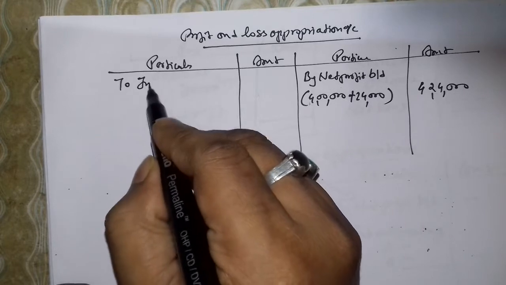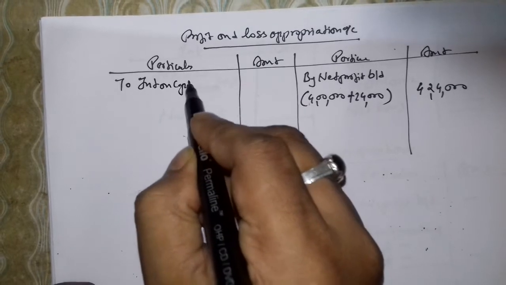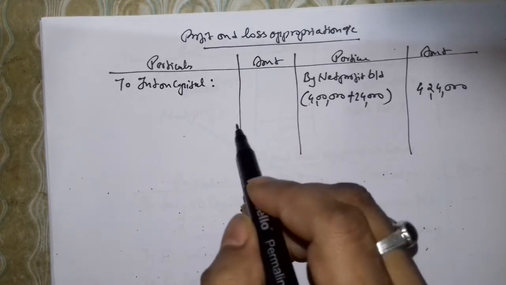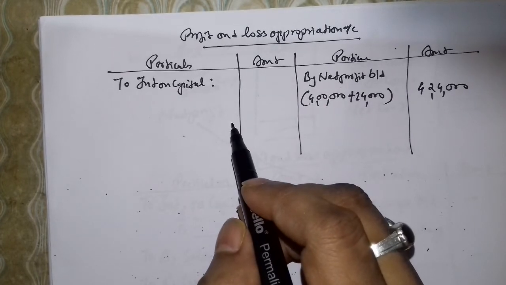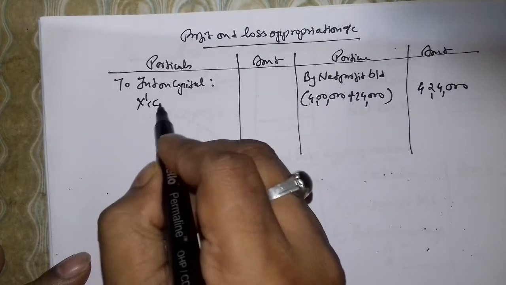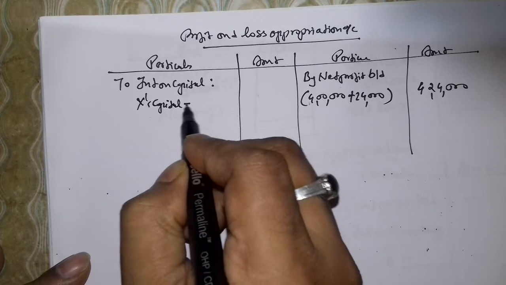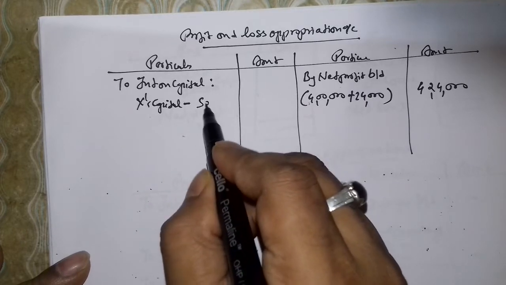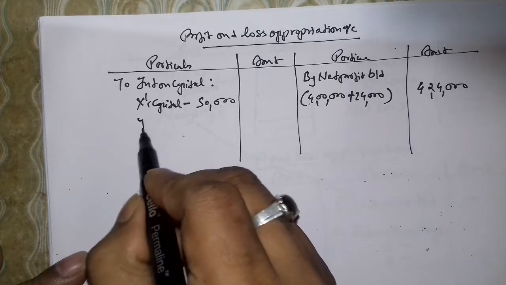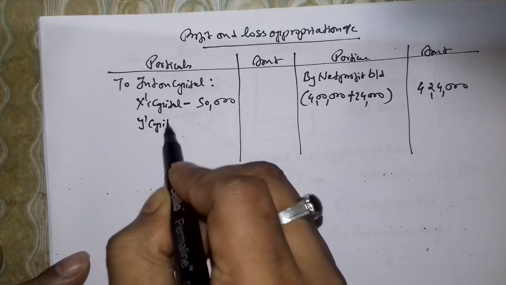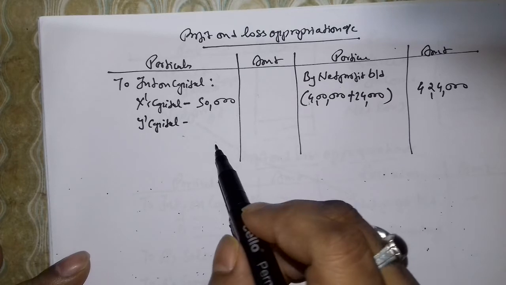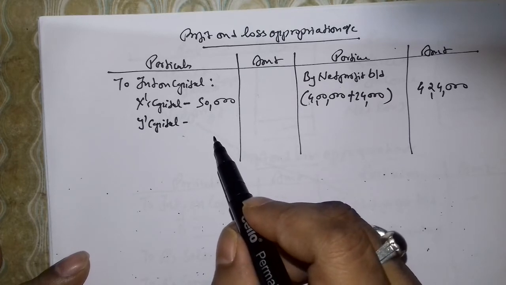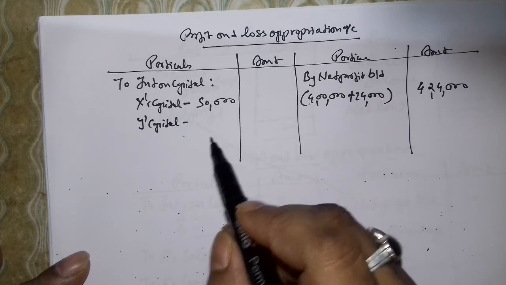To interest on capital at the rate of 10%. So X has invested 5 lakh. So 10% of 5 lakh is 50,000. Always interest on capital is calculated from the date of investment of capital till the end of the year.